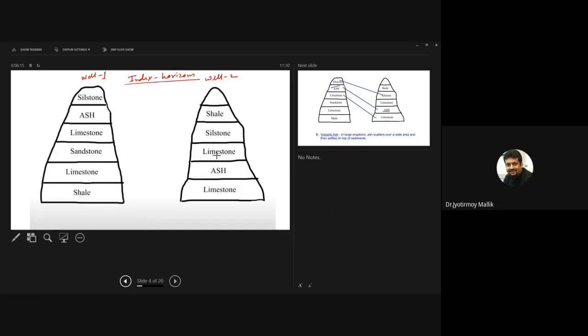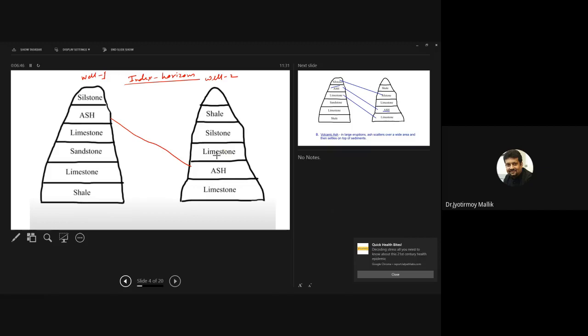Now you can see here there is one particular index horizon, which is the volcanic ash. When you find volcanic ash in log panels, they can be very easily correlated, simply because volcanic ashes are catastrophic geological phenomena that happen for a very short period of time while a volcano is in place.